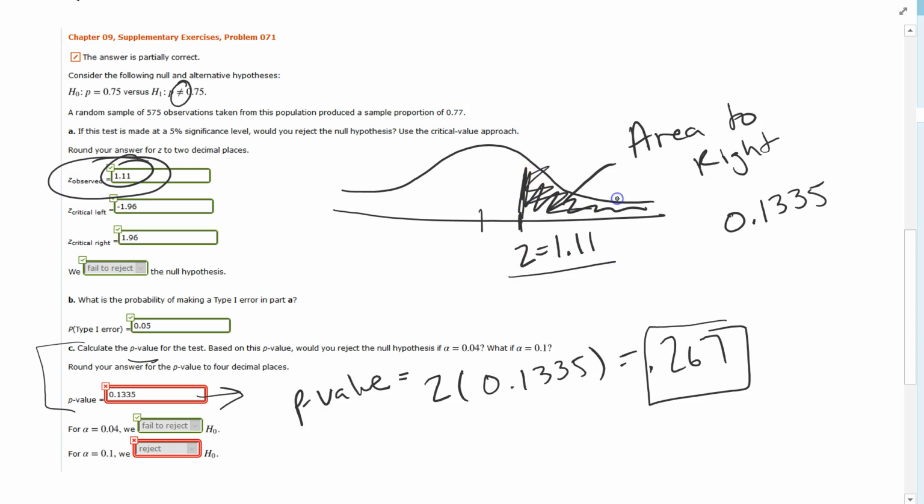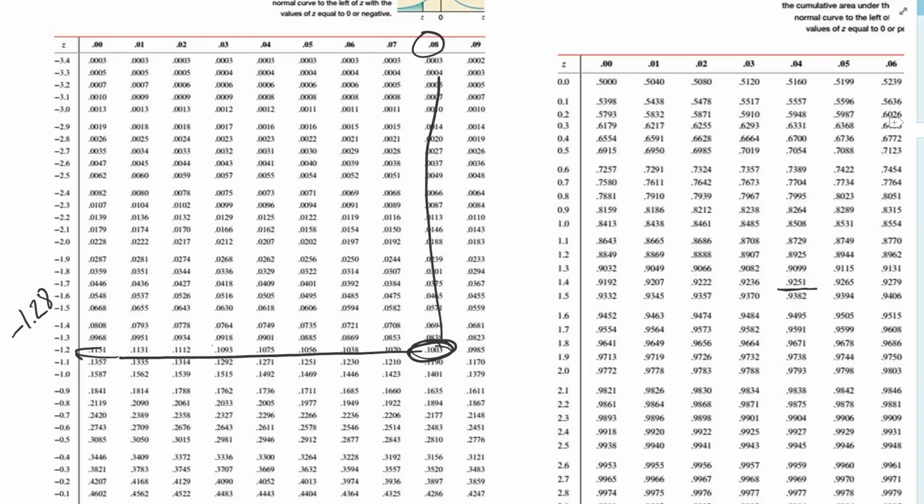That's going to be the area to the right of that. If we wanted to look at our p-value in this case, it's going to be 2 times that area. Since we have a does not equal, it's a right and a left tail, so we take 2 times the area from the normal distribution where z is 1.11.